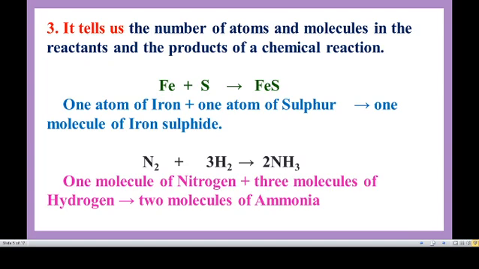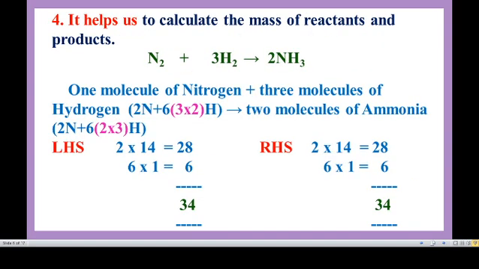And in the second example, one molecule of nitrogen reacts with 3 molecules of hydrogen and produces 2 molecules of ammonia. So by looking at the equation, we can know the number of atoms and molecules involved in a chemical reaction.